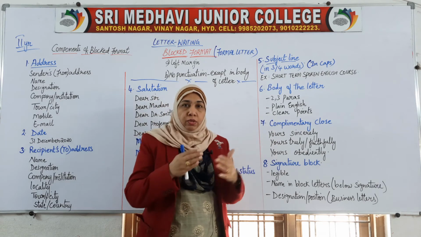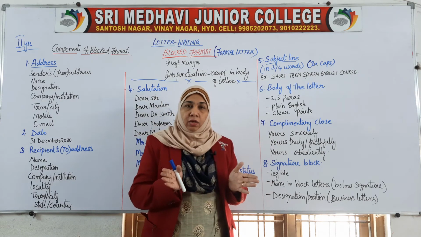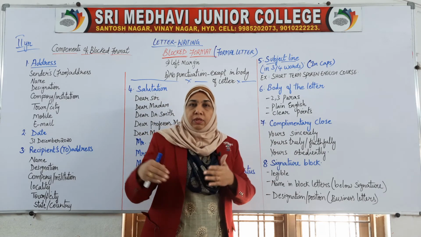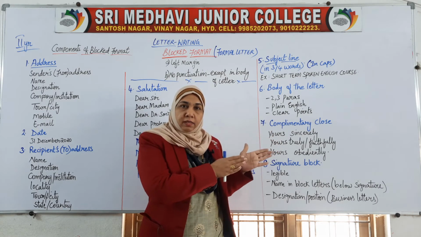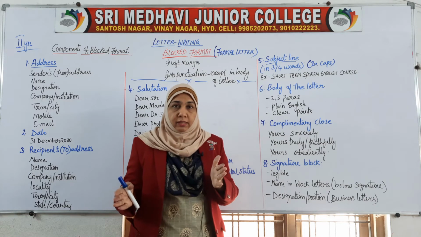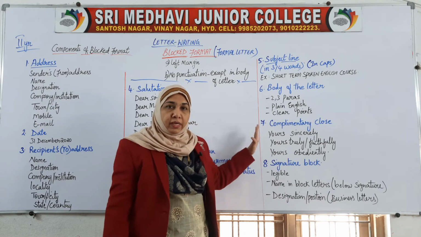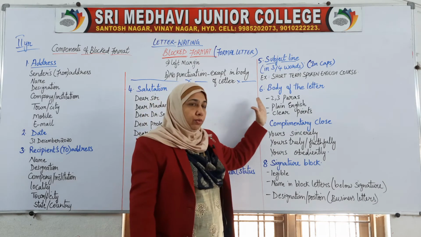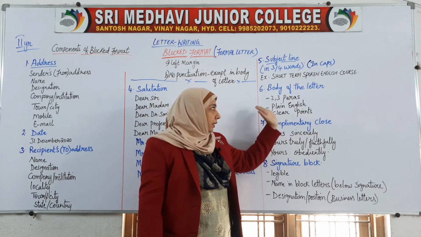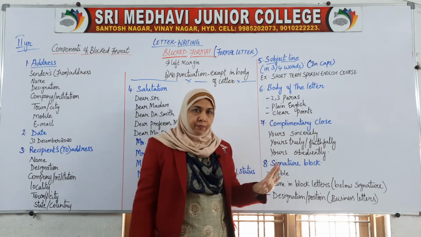Don't exaggerate the matter, don't beat around the bush, where the matter is something but you are writing something else. This cannot be done, especially in formal letters. You have to write two to three paras in plain, simple English.